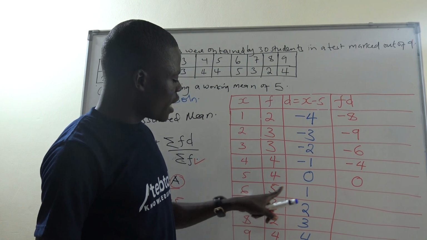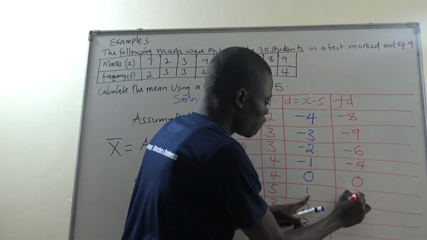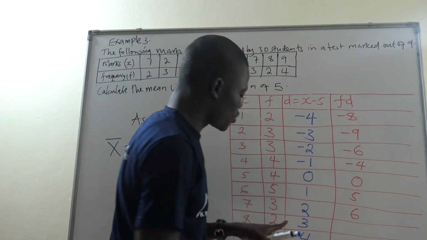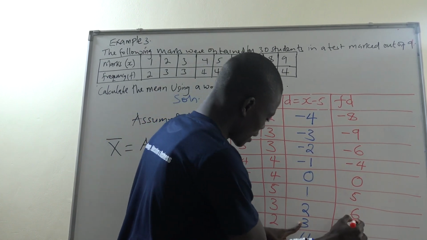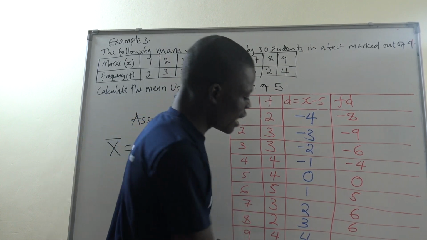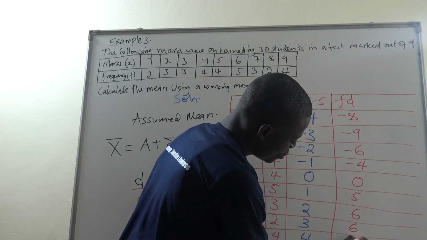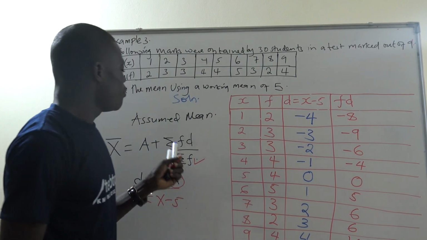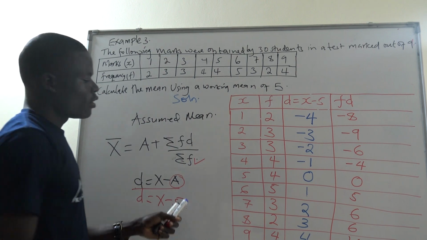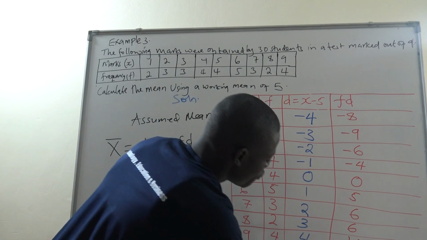Then 5 times 1, we shall get 5. 3 times 2, we shall get 6. 2 times 3, we shall get 6. 4 times 4, we shall get 16.